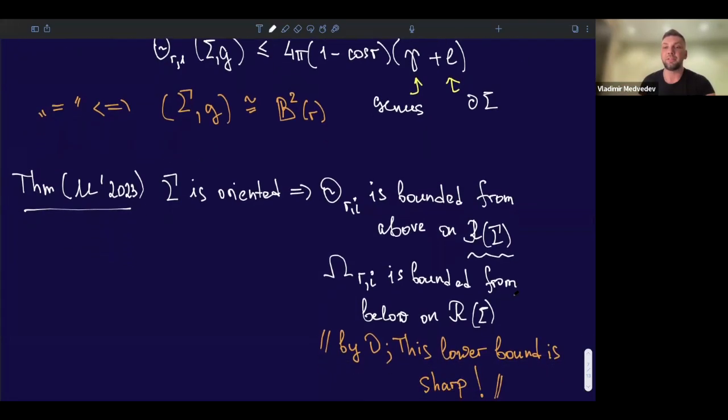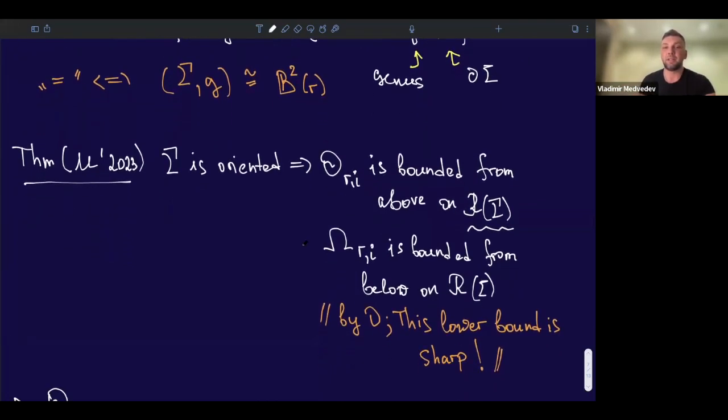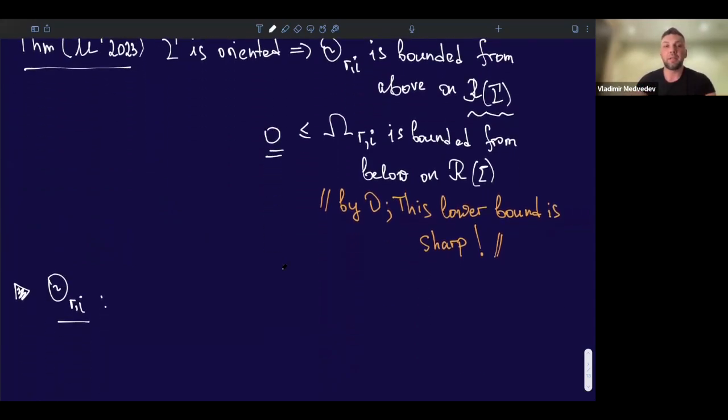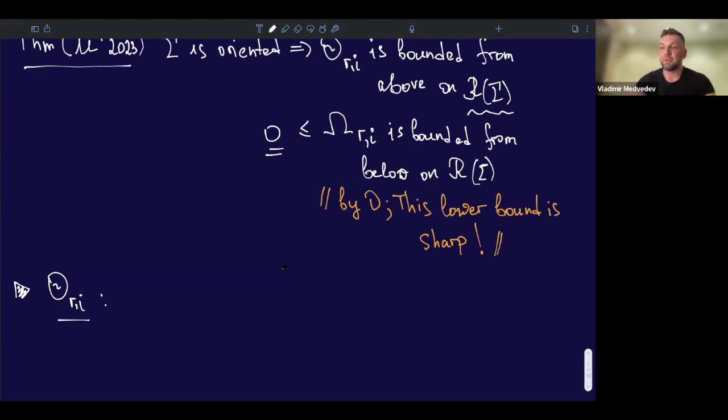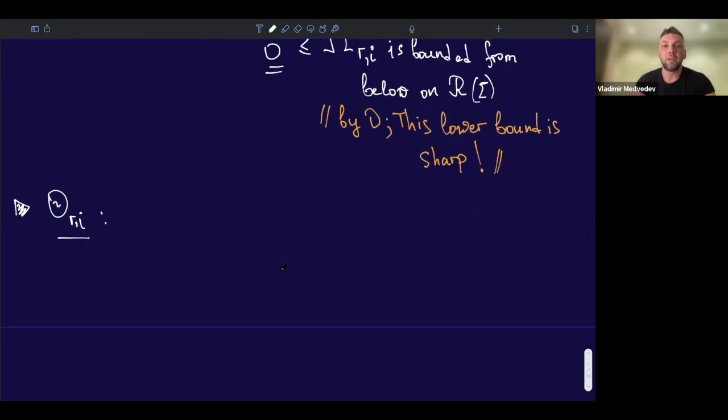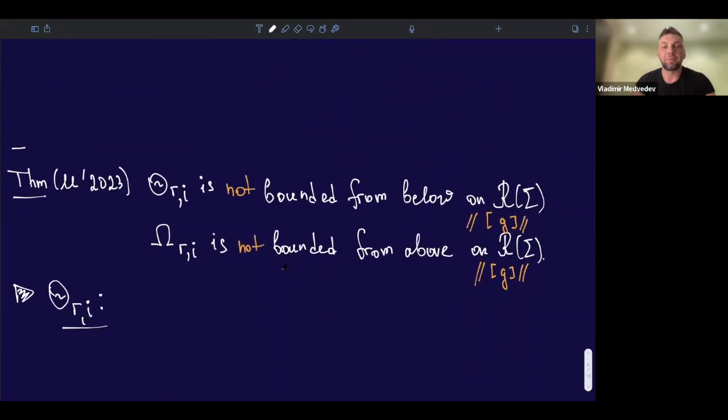And actually, omega Ri is always non-negative, and this lower bound 0 is actually sharp. I don't think I have much time to give a proof. It's not very complicated, so I'm going to skip this part. You can ask me about it.